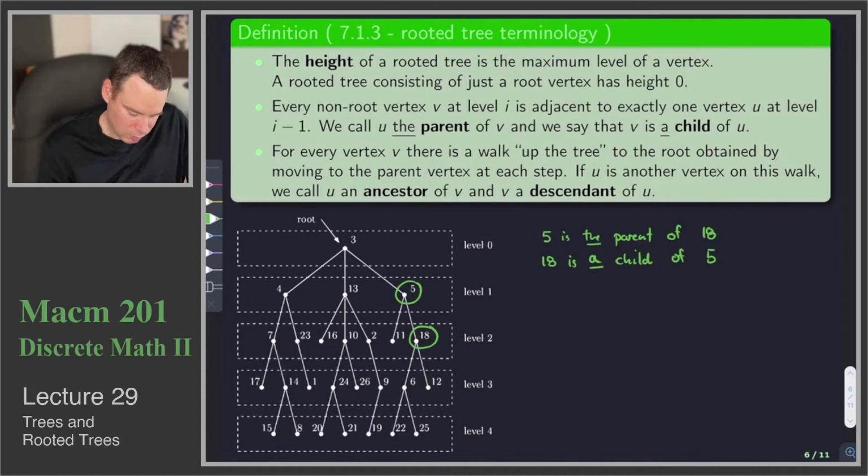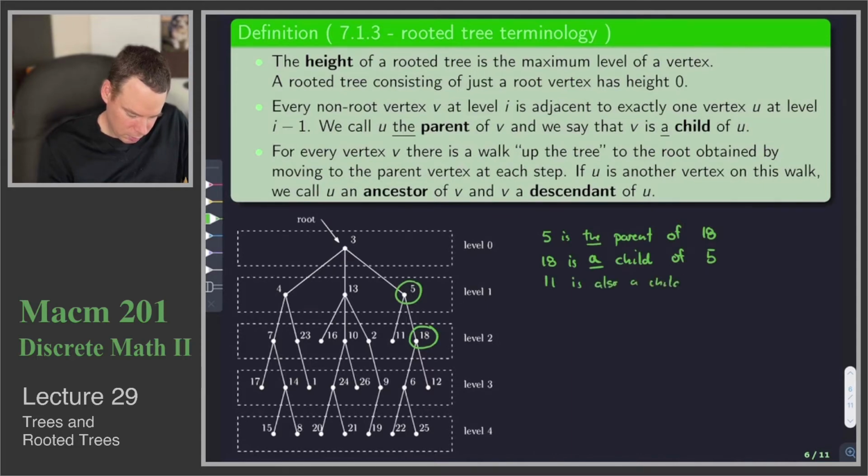Notice the use of these words. 5 is the parent; there's only one parent to 18 in a rooted tree. It's the vertex in the level right above it that's adjacent to it. As opposed to a child, where there could be more than one child. So 18 is a child of 5. 11 is also a child of 5.